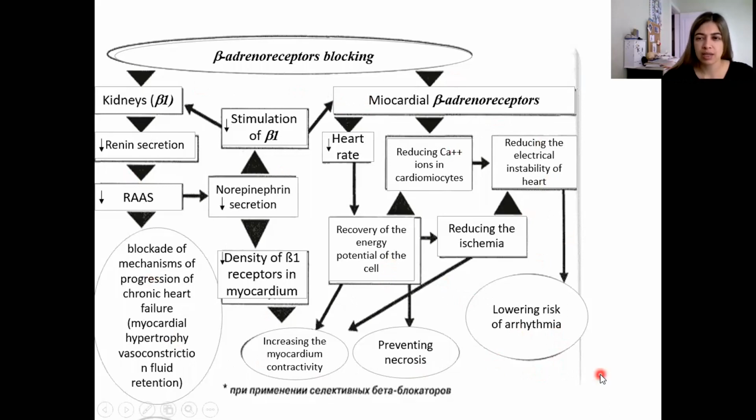So what can we say about this? All the drugs which we study in alpha and beta adrenoblocking are not only helping to reduce the blood pressure, they are also helping to prevent the destruction of the cells of the heart.